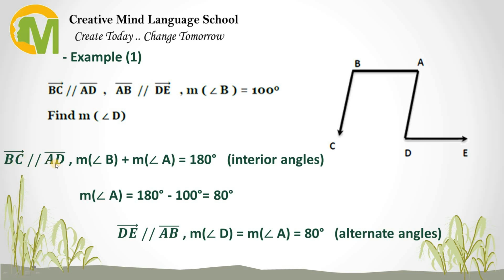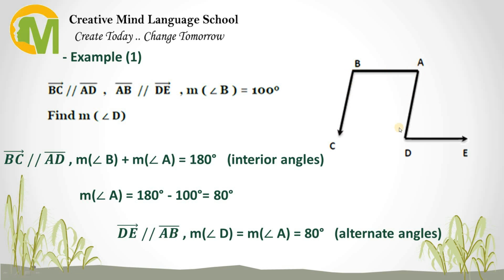BC ray is parallel to AD ray. It is given in the exercise. Then measure of angle B plus measure of angle A equals 180 degrees, two interior angles.